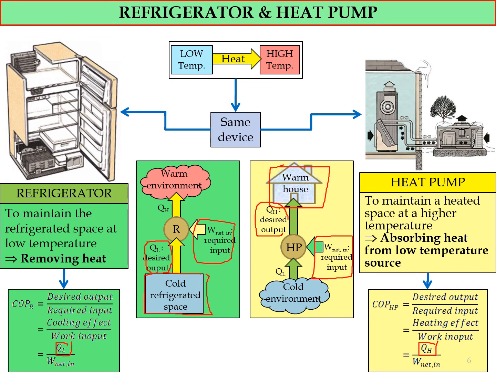For the refrigerator, it is equal to QL, the cooling effect, divided by net work in, and for the heat pump, it is equal to QH, the desired output or heating effect, divided by net work in. The coefficient of performance of the heat pump and refrigerator can be related by this equation: the coefficient of performance of the heat pump is equal to the coefficient of performance of the refrigerator plus 1.